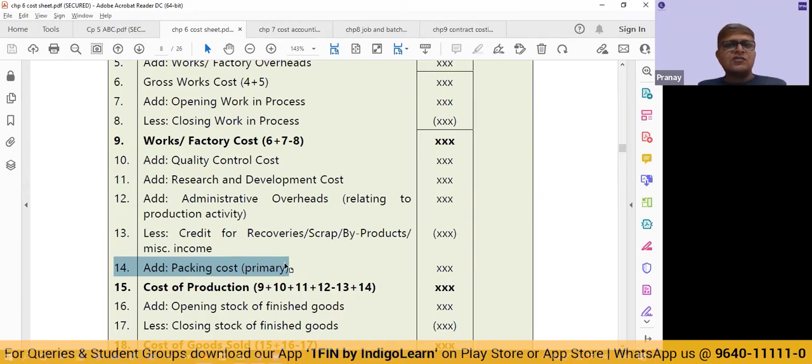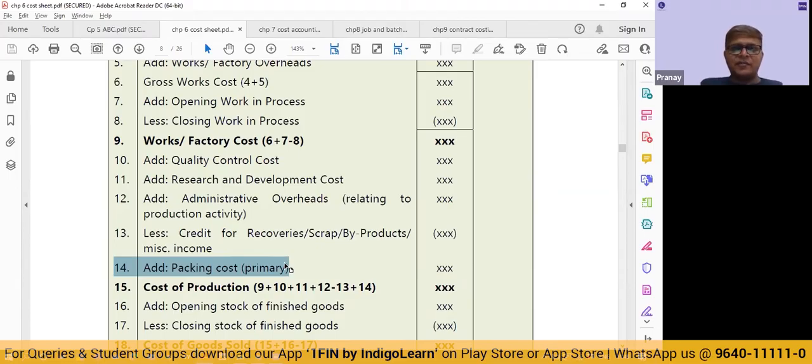But he is not going to give you the entire carton. When the shopkeeper buys, he will buy maybe 100 packets together, but we will buy maybe 1, 2, maximum 10. So the packing cost of that one single chips packet is the primary packing. But the carton in which the shopkeeper gets 100 packets is the secondary packing.